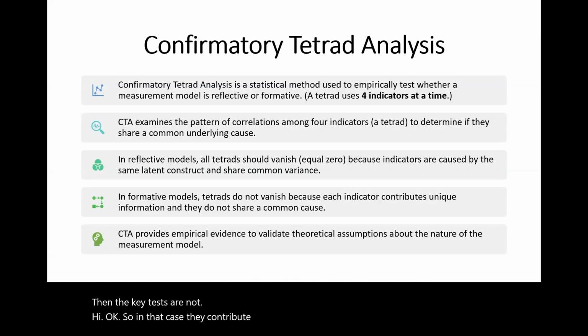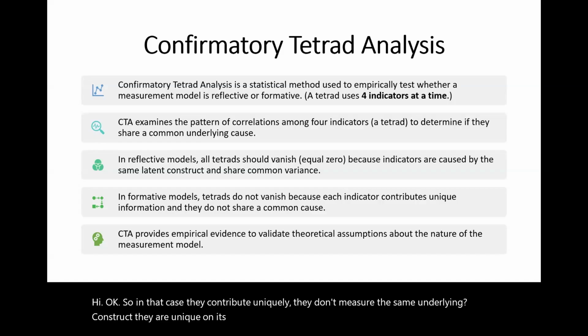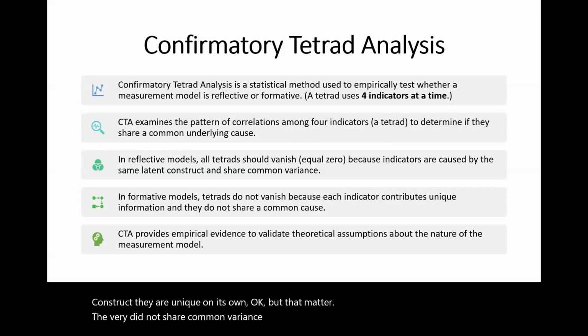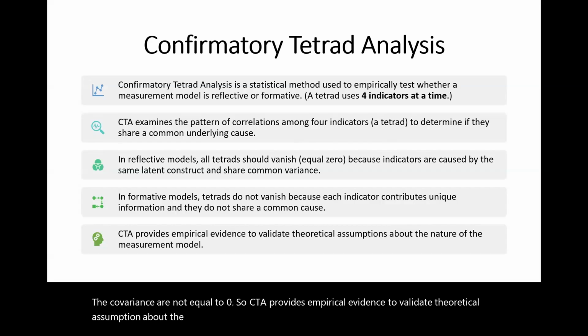They don't measure the same underlying construct. They are unique on their own. For that matter, they do not share common variance, and the covariances are not equal to 0. So CTA provides empirical evidence to validate theoretical assumptions about the nature of the measurements.